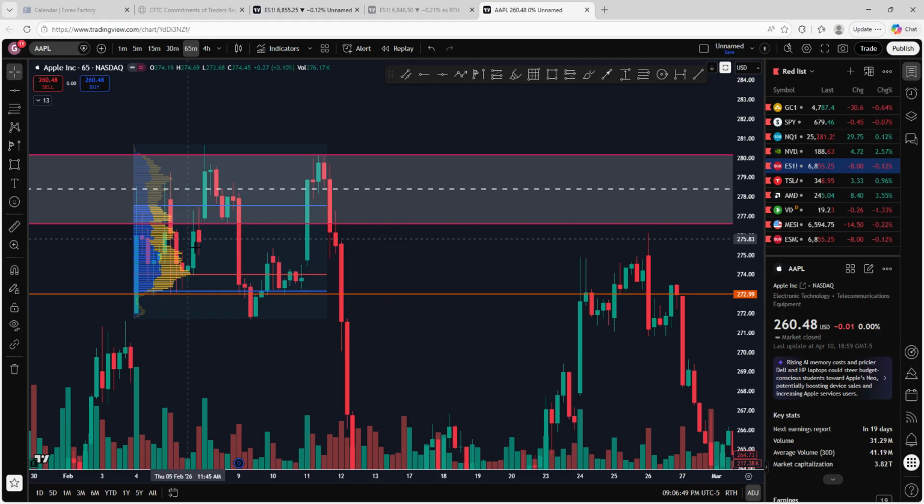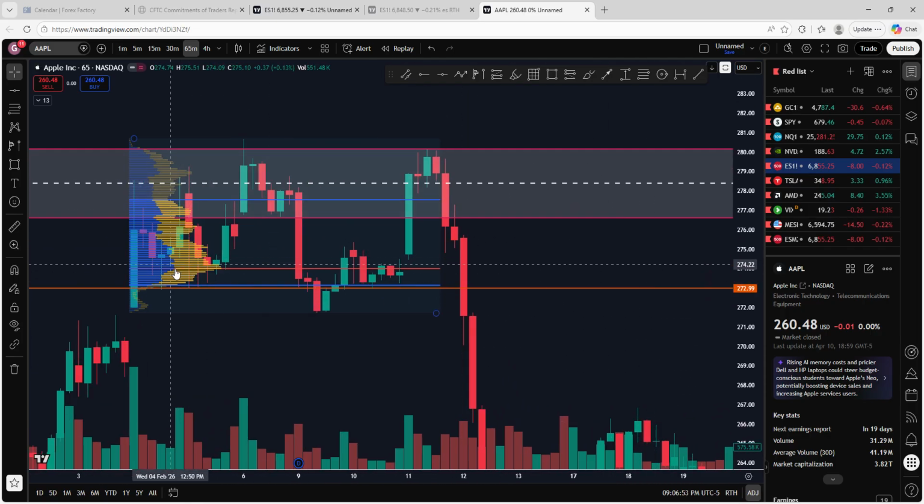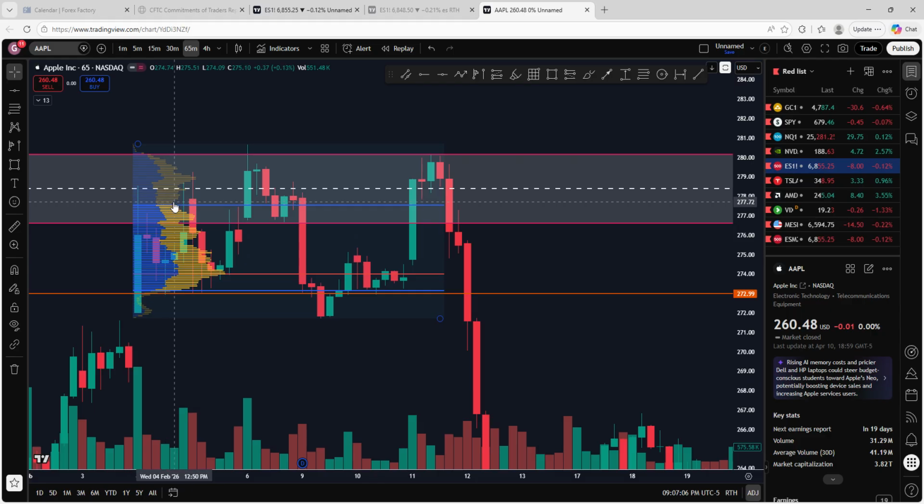The thing to also do here is I recommend you look for the lowest volume, the lowest LVN. You can see here we've got multiples. We got one here, and one here. Look for the one that is the lowest. This one here is the lowest.